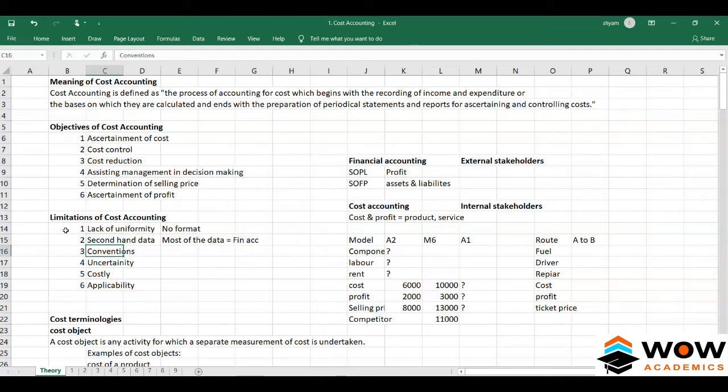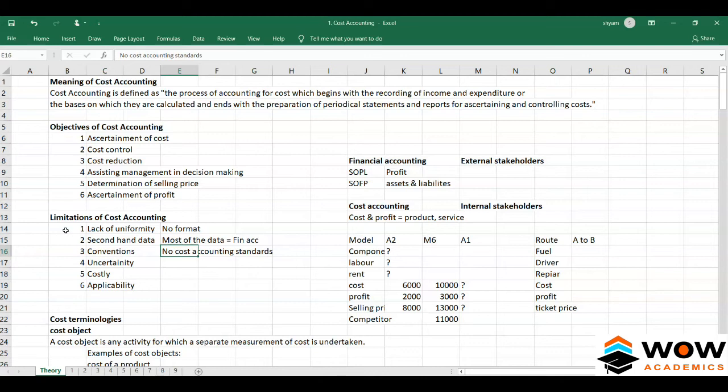The next one is conventions. There are no cost accounting standards. As you don't have any cost accounting standards, comparison from one company to another is not possible.